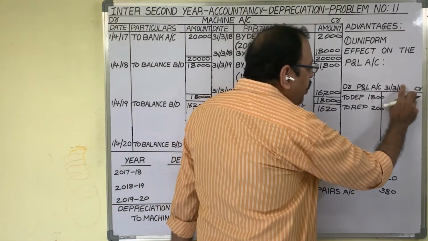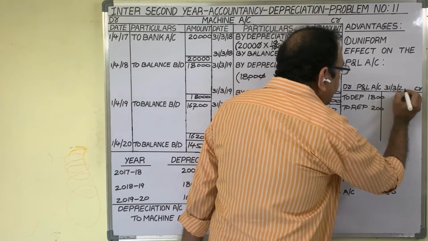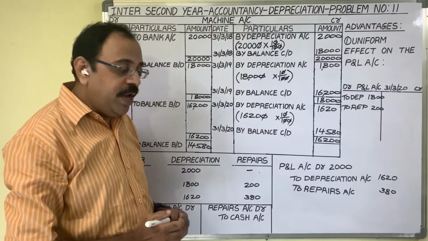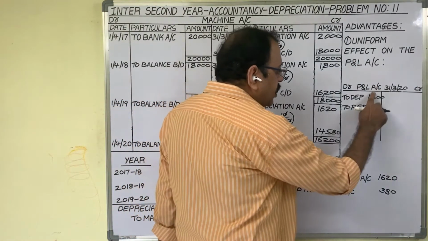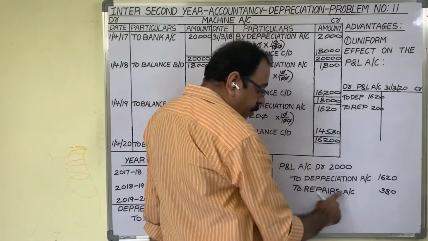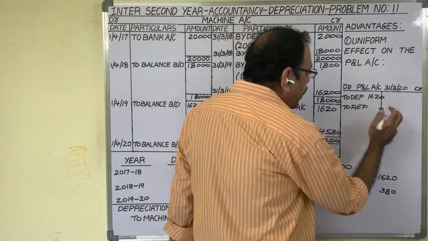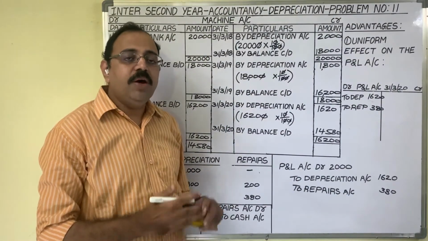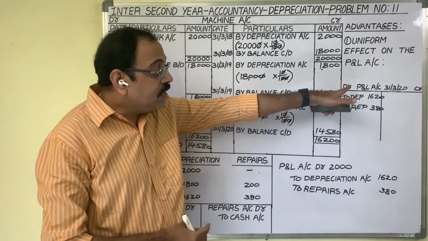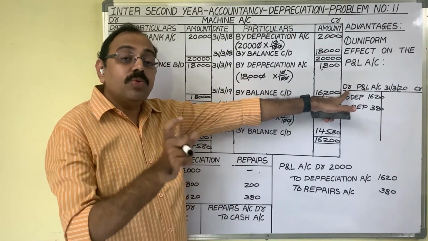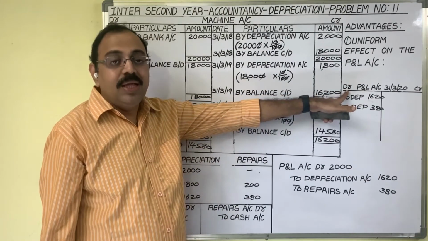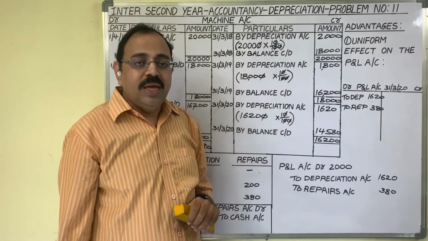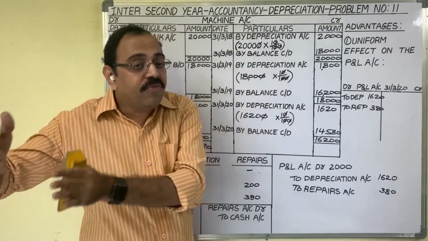In third year profit and loss account, which is prepared on 31st March 2020, we should debit to depreciation 1620, to repairs account 380. See the final effect? 1620 plus 380 becomes 2000 rupees. So in third year also, we debited 2000 rupees to P&L account. Thus, a uniform amount 2000 rupees every year is debited to profit and loss account.